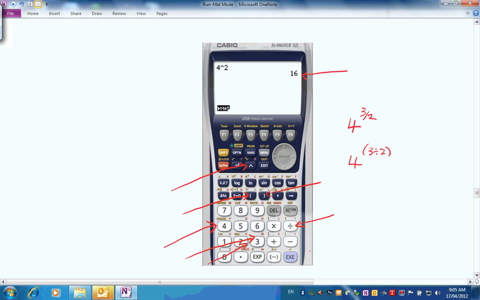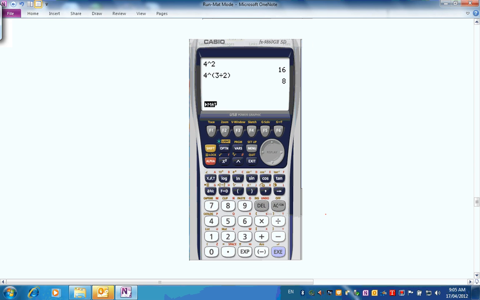When you have used the bracket around that 3 divided by 2, hit execute, and you can see it has given the correct answer, but we do need a bracket in that linear mode.